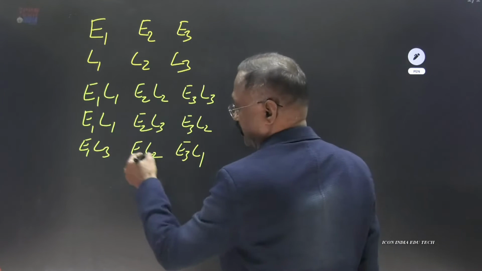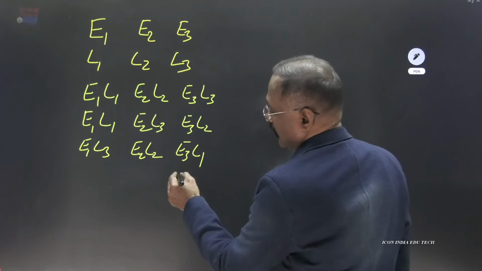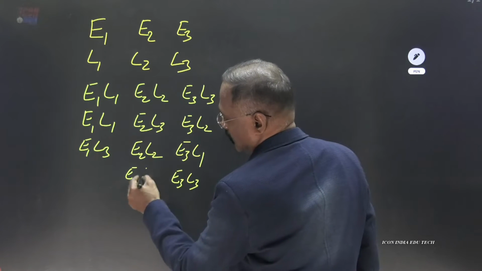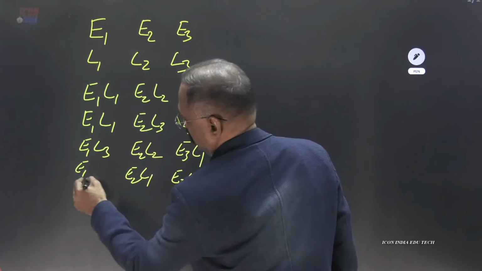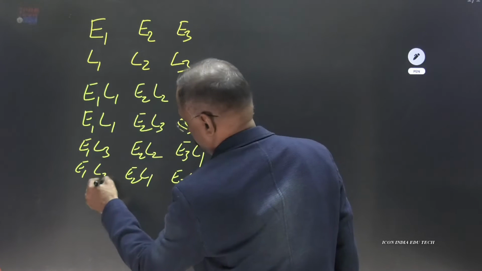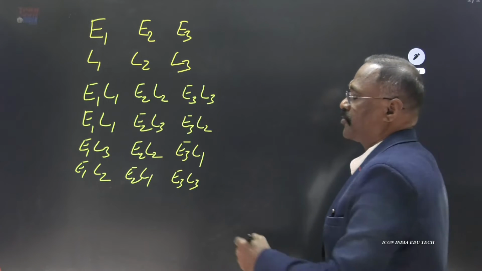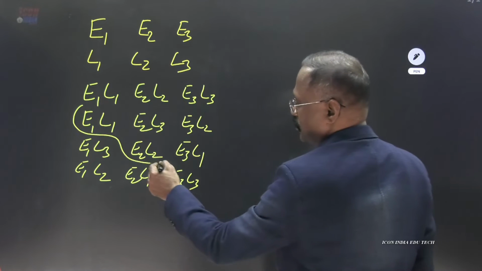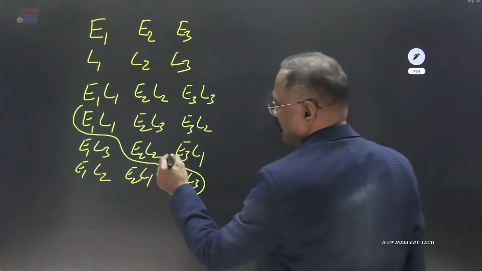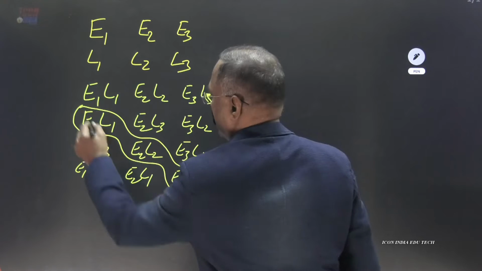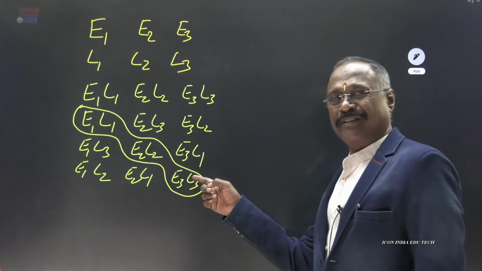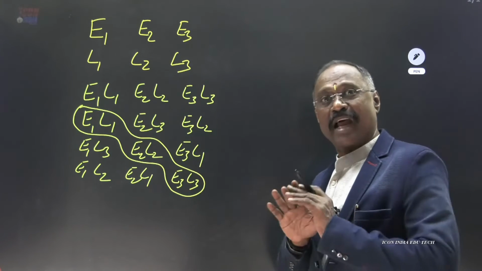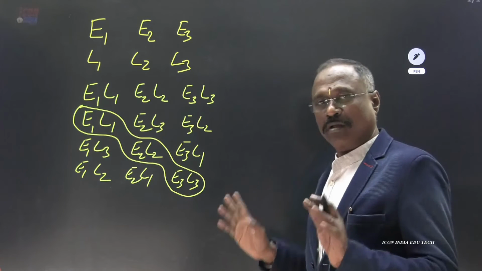In this one, only 1 is correct. Similarly, E3 L3, E2 L1, E1 L2. If you observe this carefully, in the second, third and fourth arrangements, you have only 1 letter placed in the right envelope. The rest are all wrong.